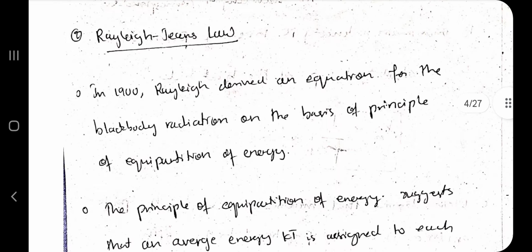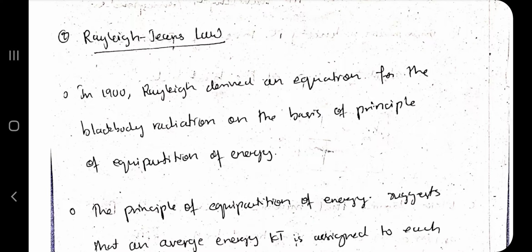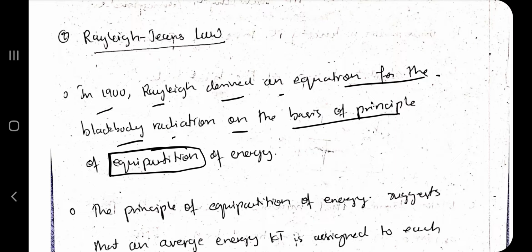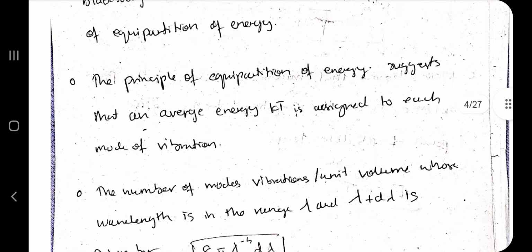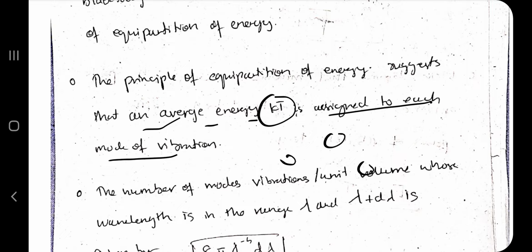The second one is the Rayleigh-Jeans law. In 1900, Rayleigh derived an equation for blackbody radiation on the basis of the principle of equipartition of energy. Equipartition means dividing into equal parts. These are known as modes. The main thing is that it suggests that an average energy kT is assigned to each mode of vibration, like 1 kT, 2 kT, and so on.